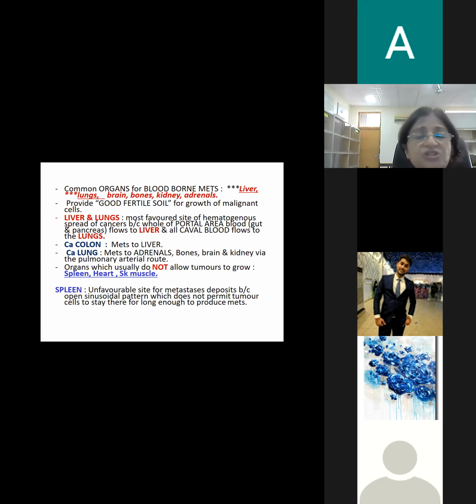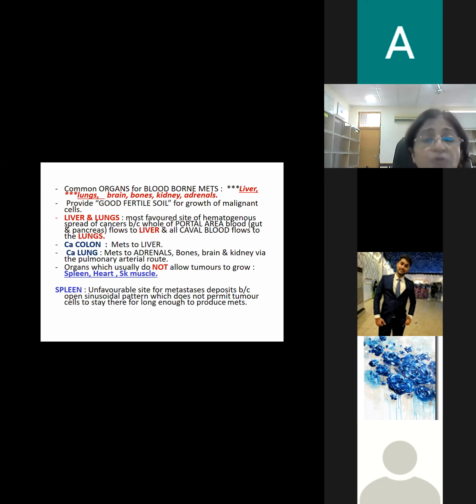And the organs which are notorious for harboring metastatic deposits are the liver, the lungs, the brain, the bones, the kidney, and the adrenals. And these sites, stars dale mein liver and lungs are very common sites. They provide a good fertile soil for the growth of malignant cells.